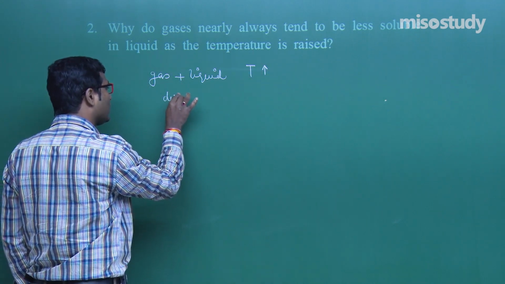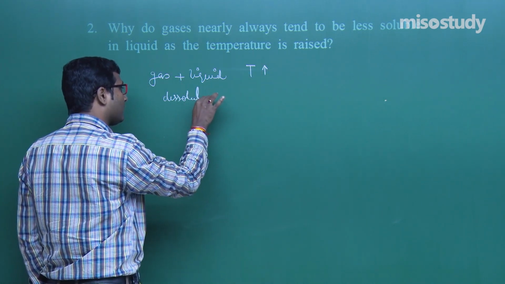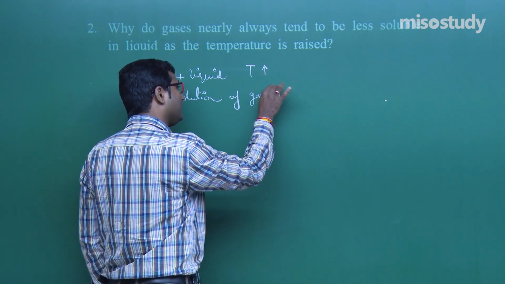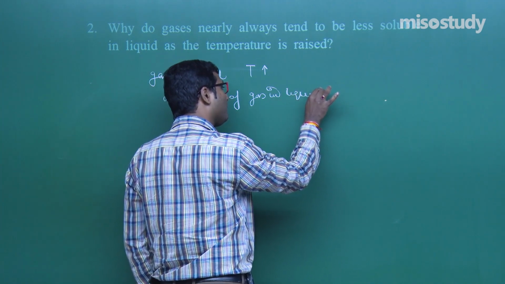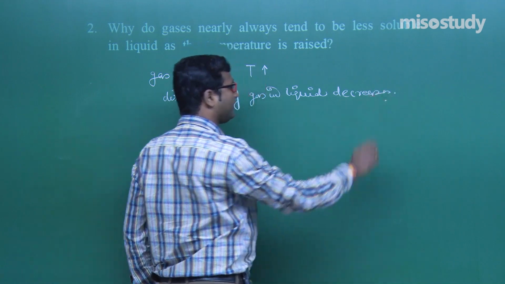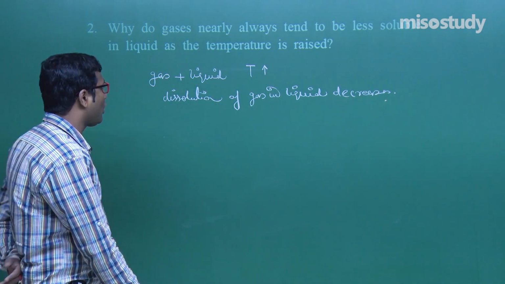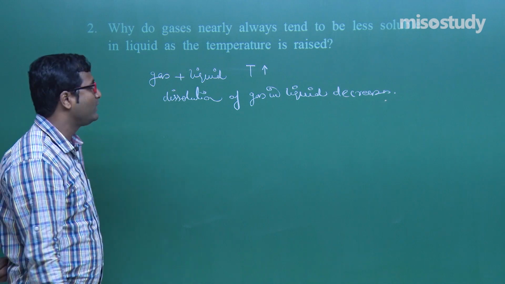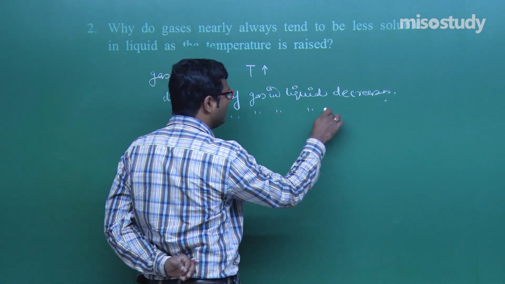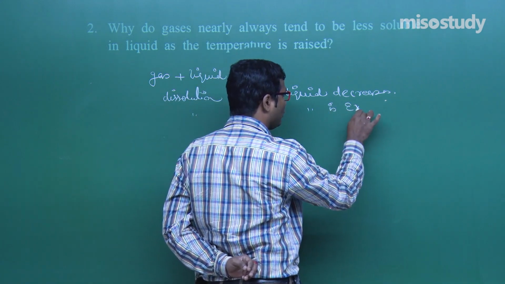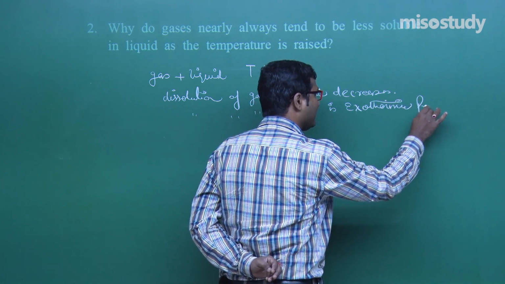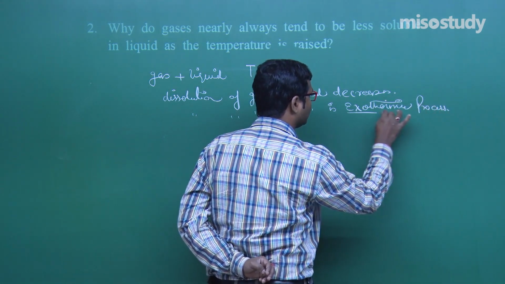The dissolution of gas in liquid decreases. This is the case, my friend. Why does the dissolution of gas in liquid decrease with rise in temperature? Because the dissolution of gas in liquid is an exothermic process. Again I am repeating, the process is exothermic.